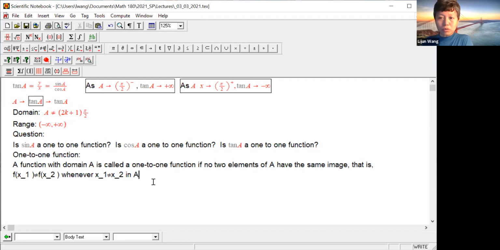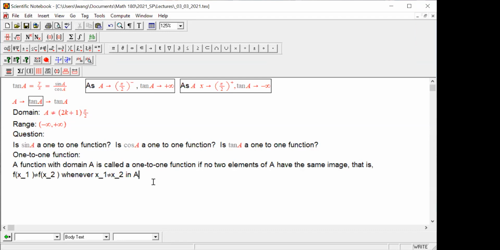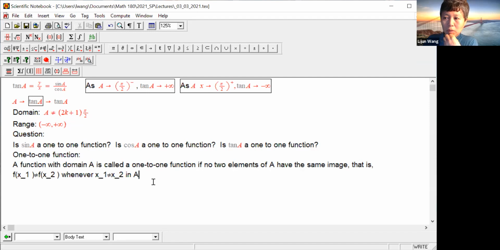You can choose two of the same points, and you're just going to get the same value. So that's why we use whenever, right? There will be cases where x1 is equal to x2. In that case, we don't evaluate them. That's the point. You follow me?